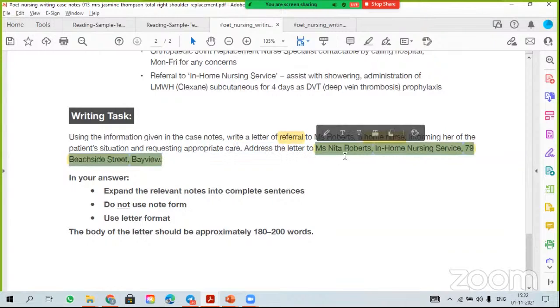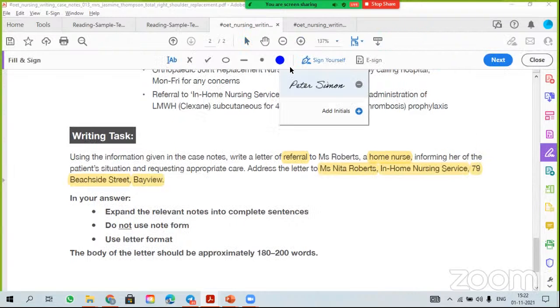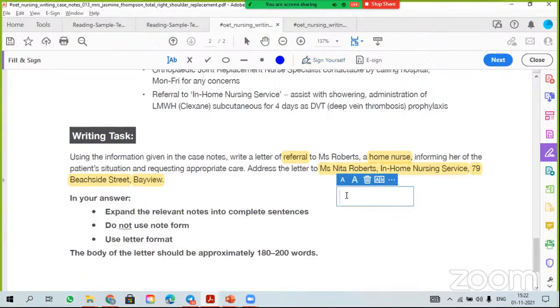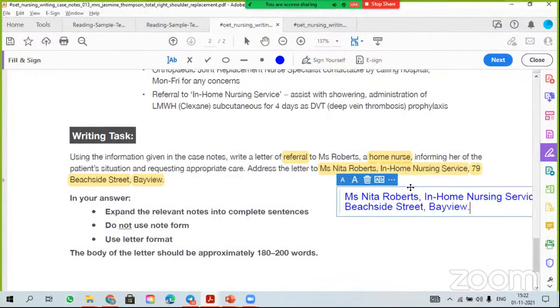Okay, Control C. So this is the address.